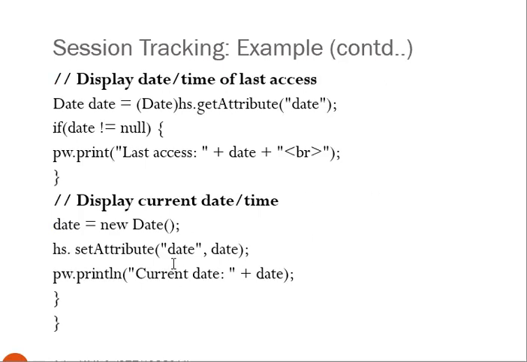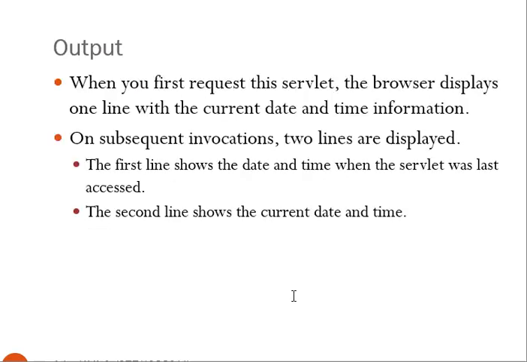For the first time, if you are opening from the browser, this will be null, so it will display only the current date. The second time when you reload it, it will show the last access and the current date also. That's why there will be two lines in the output when we request it for the second time.